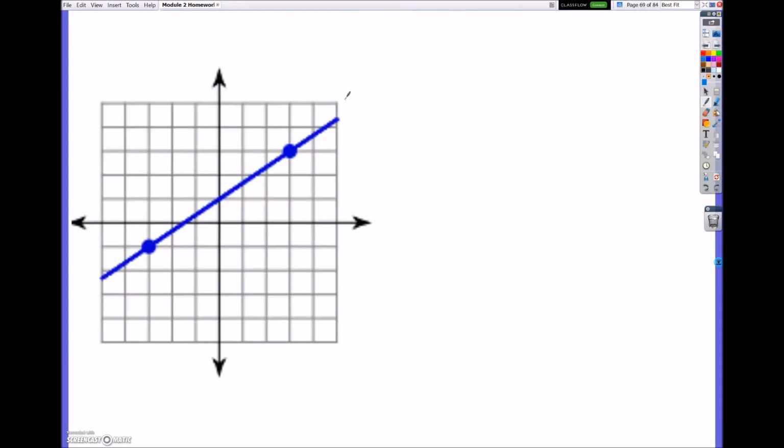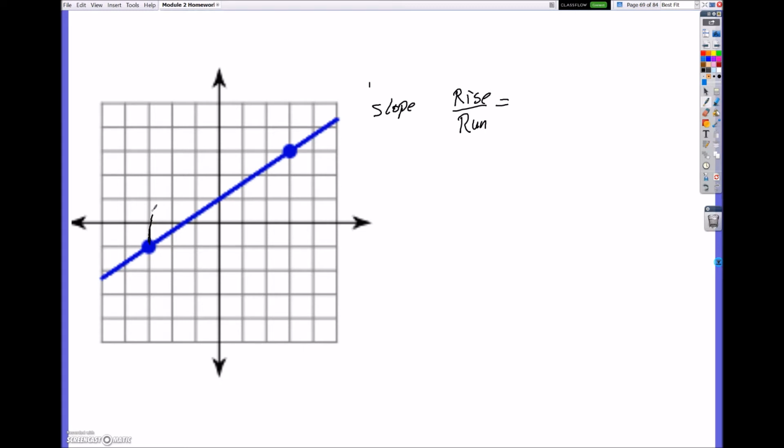So let's start with the very basic, which is given a graph. Remember, slope, which is also the rate of change, is just how much do I rise and how much do I run. How much does my y value change, then how much does my x value change. So you start at the point and you just go up.